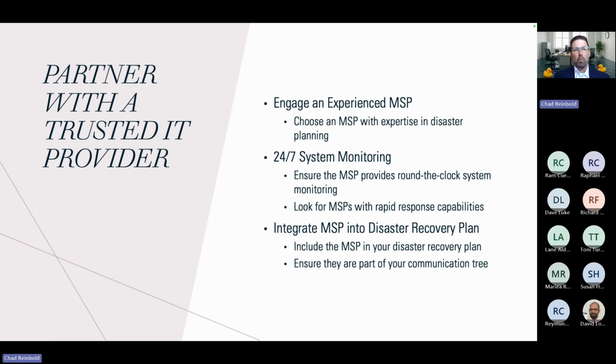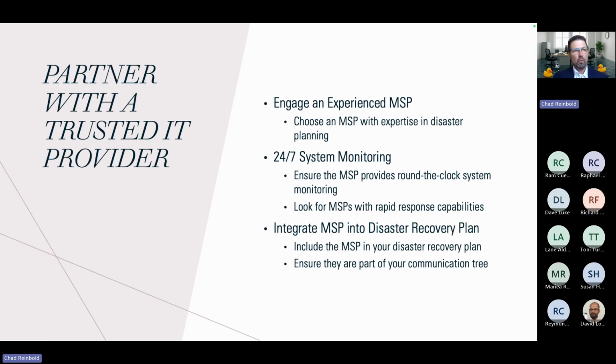Then I think one of the key things, since we're talking about technology in particular, is making sure that you partner with a trusted IT provider. And that cannot be stressed enough. You want to make sure that you are working with an experienced managed service provider.